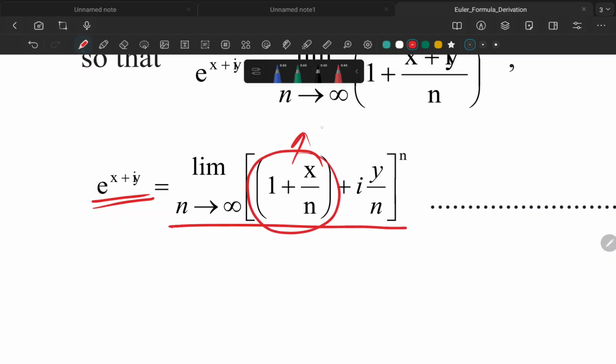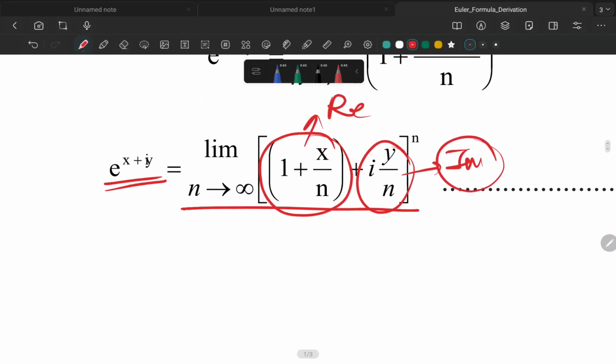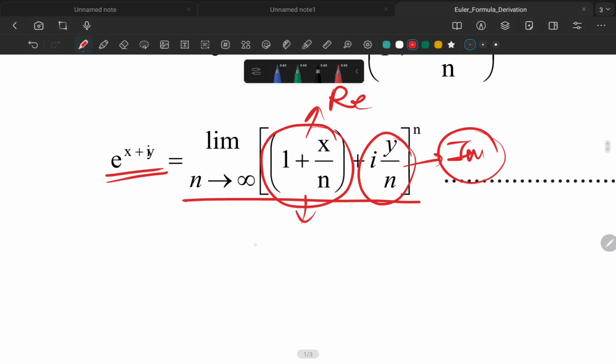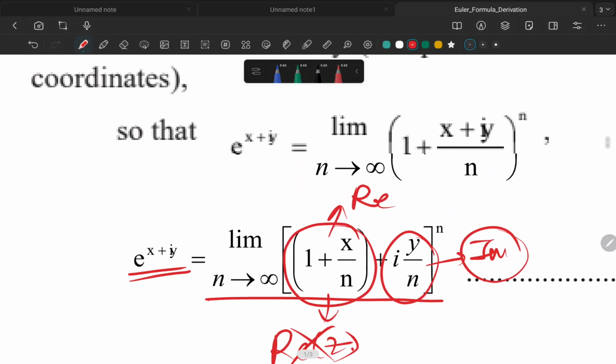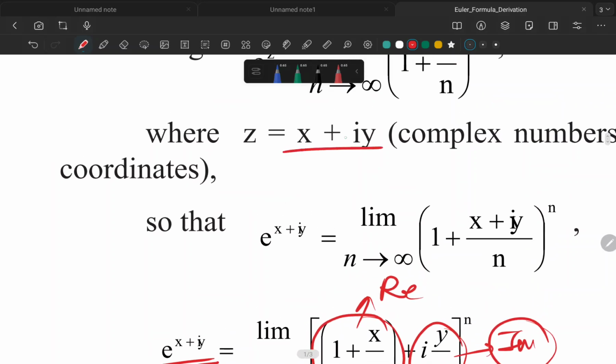This is the real part, and well, it's not the real part of z, because the real part of z was x, but this is the real part of this expression, and this is the imaginary part. I hope you understood, guys, why I didn't say it is the real part of z, because z was only x plus iy. It wasn't a one added to the left before the x. That's why.